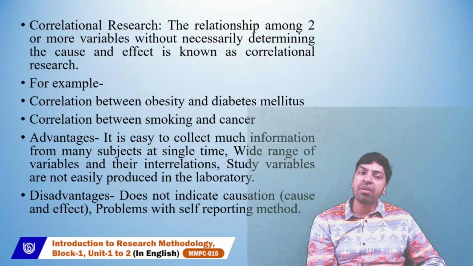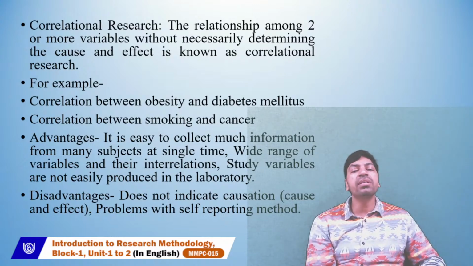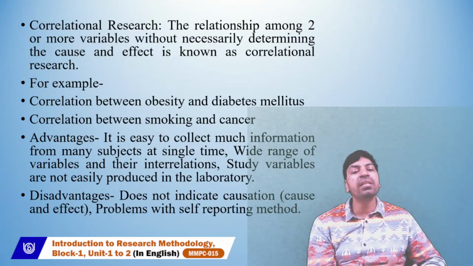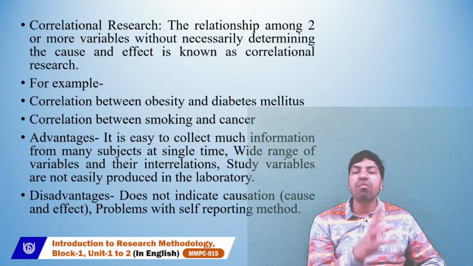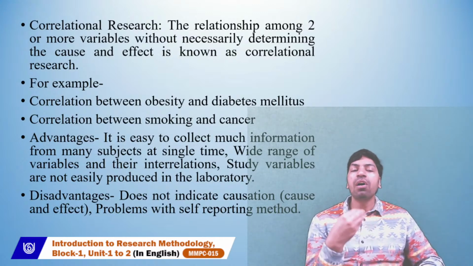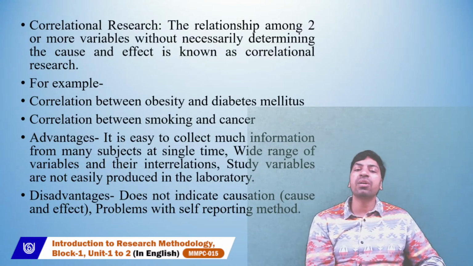It also has advantages and disadvantages. With correlational research, it is very easy to collect information from many subjects or respondents at a single time. A wide range of variables and their interrelation are very useful, and it is very easy to undertake this particular research.